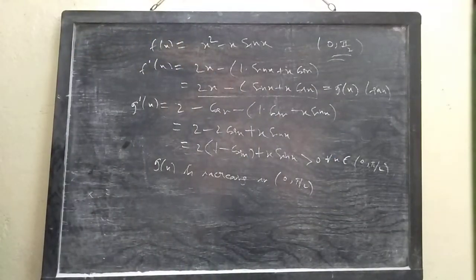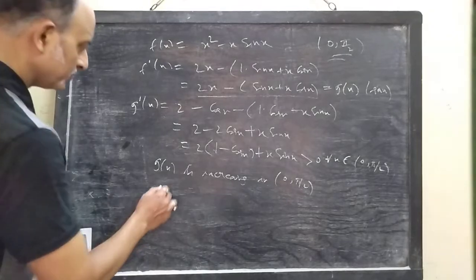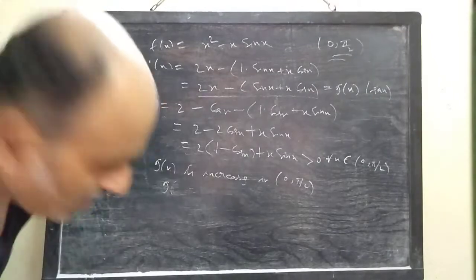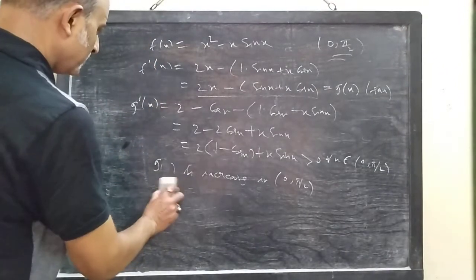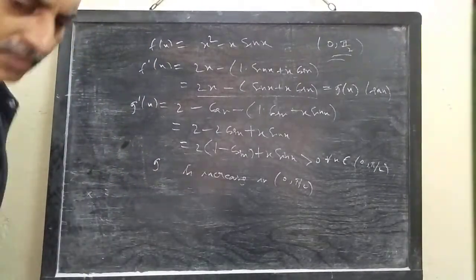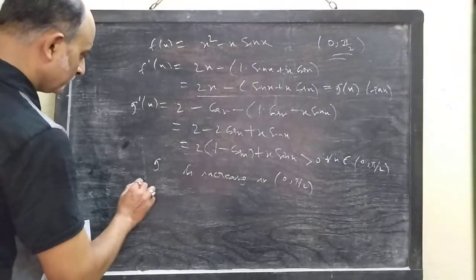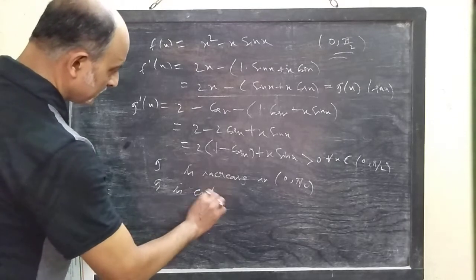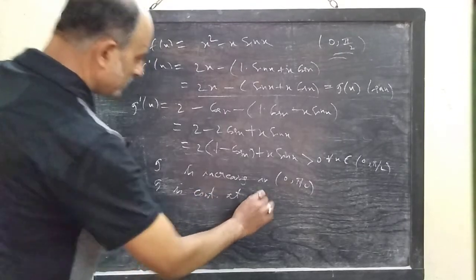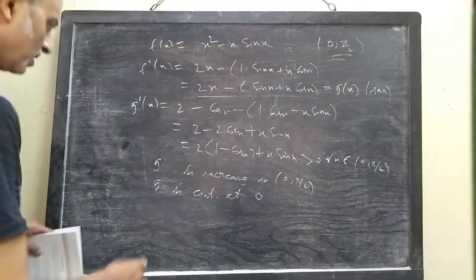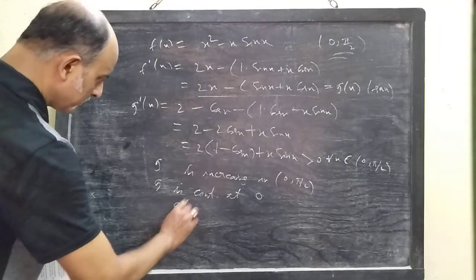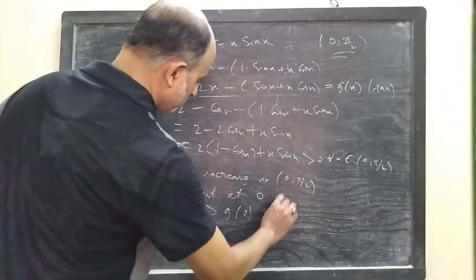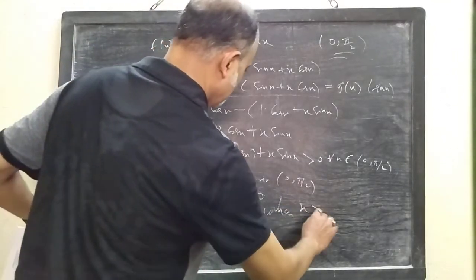So g x is continuous at 0. g is increasing in 0 to pi by 2, as well as g is continuous at 0. So now you can conclude g x greater than g 0 when x greater than 0.